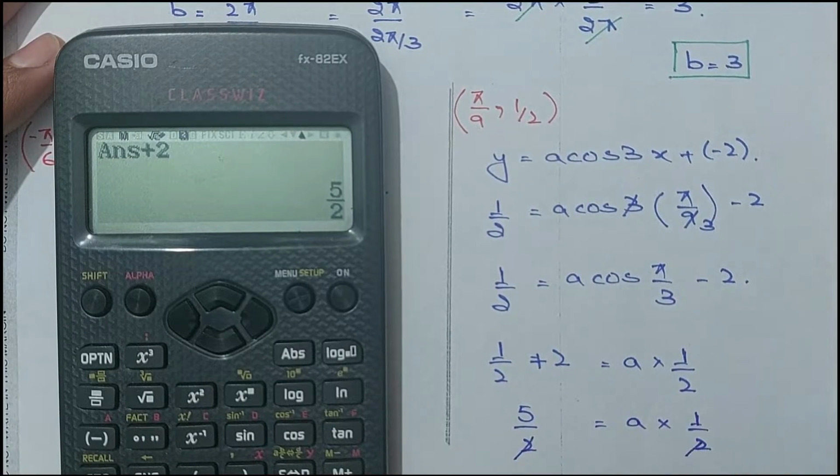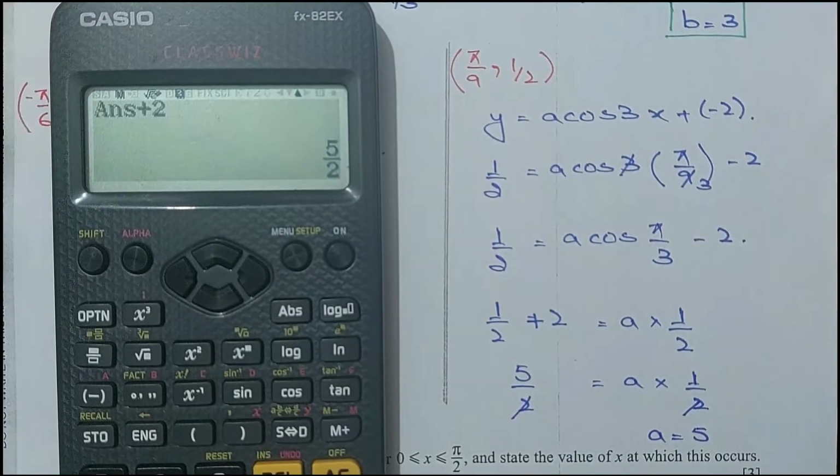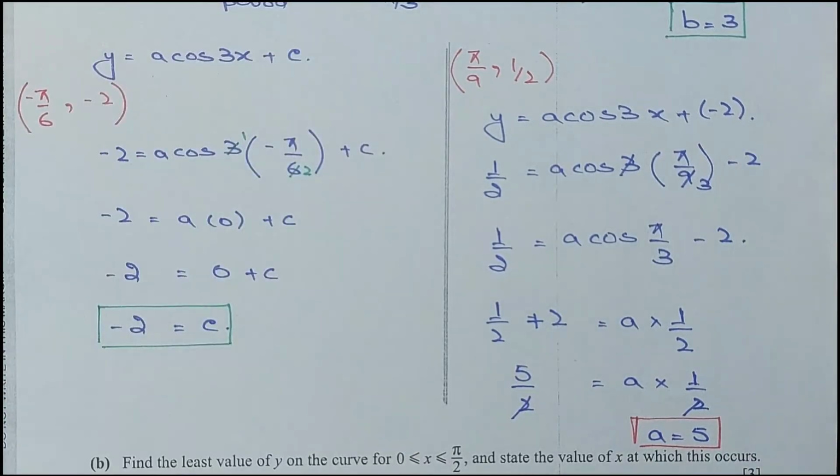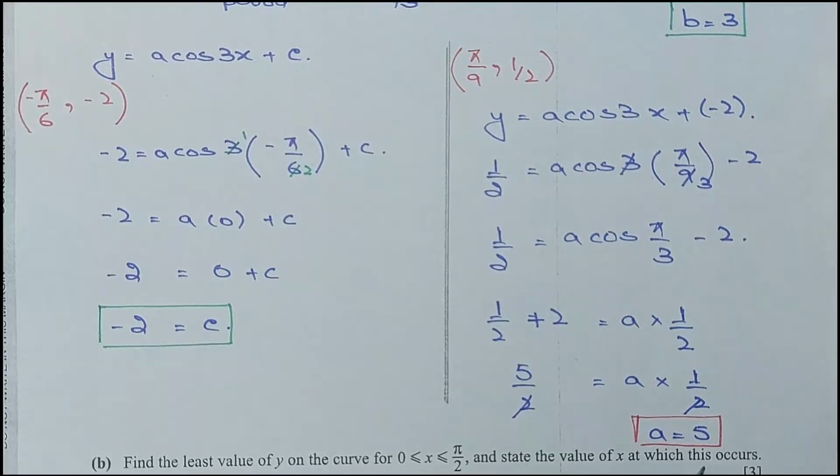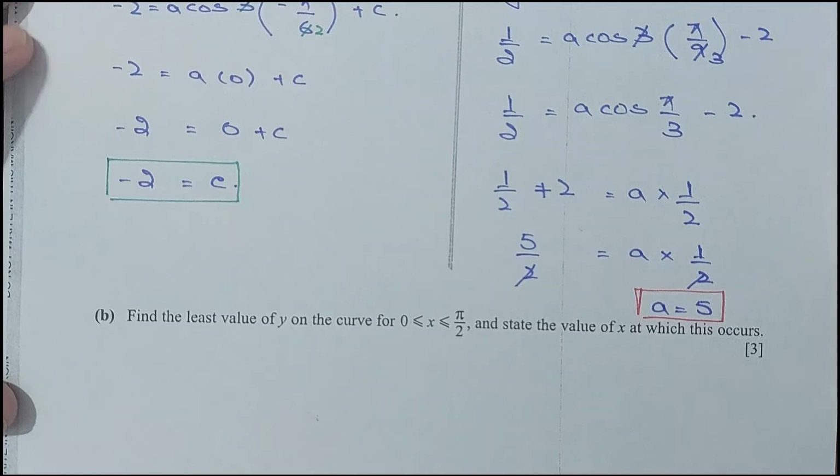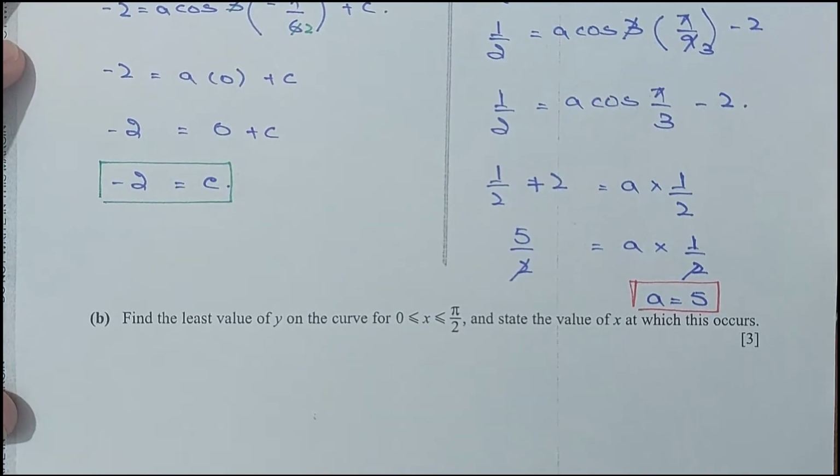So cancel the 2s. So the a value is 5. You got a as well, which is an integer. So we got all three values of a, b and c, which are 5, 3 and negative 2. Moving to part B, find the least value of y.